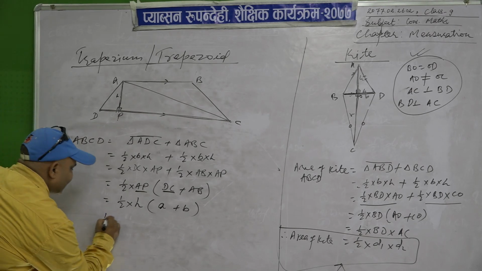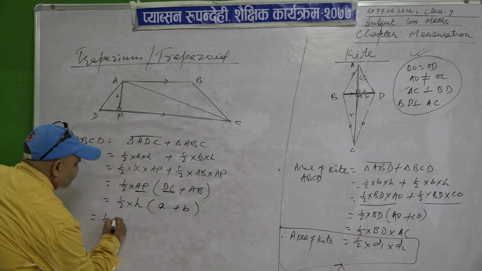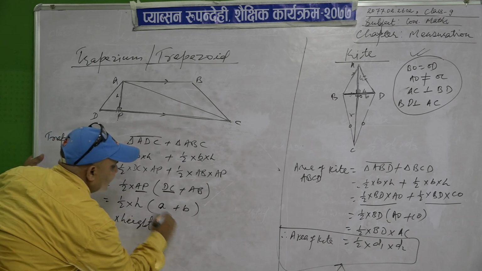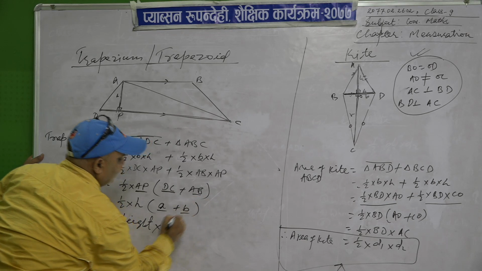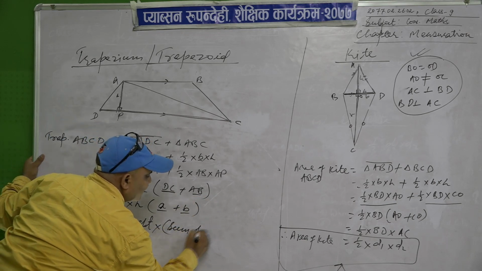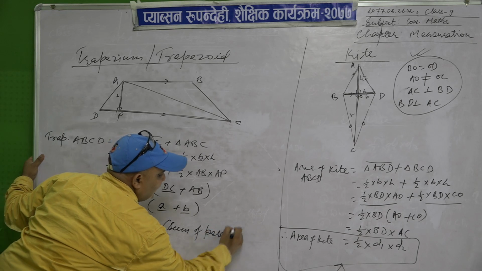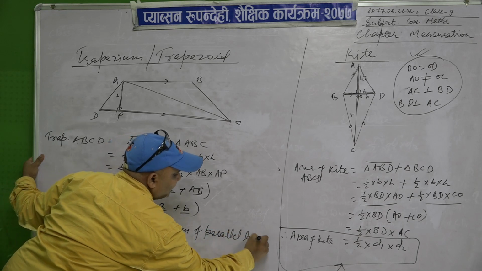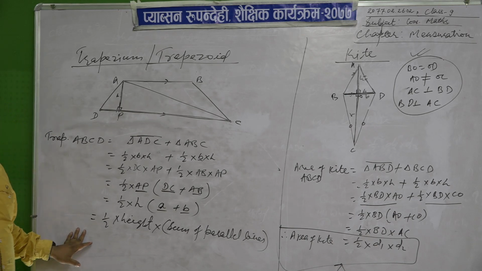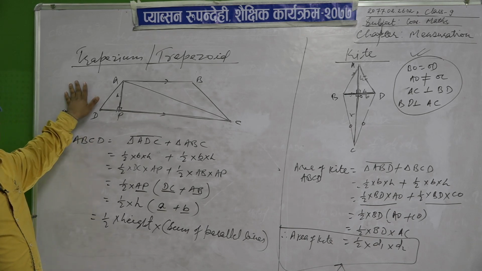In short, the area of the trapezium is equal to 1 by 2 into height into the sum of the parallel lines, DC and AB. In this way we can get the area of the trapezium.